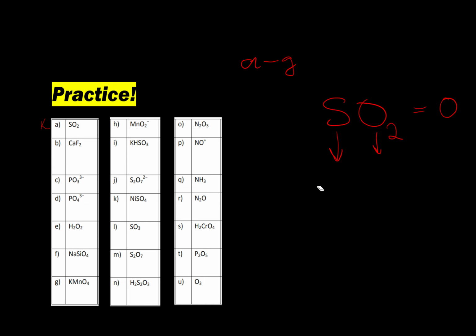So you're saying this is +4 for the sulfur, and then this would be -2. That's what you're saying, and that should give you zero, right?